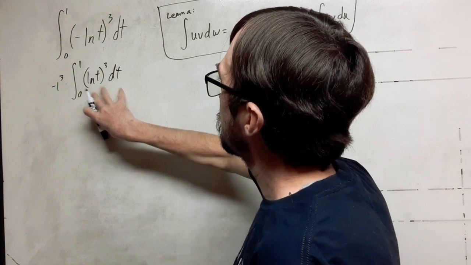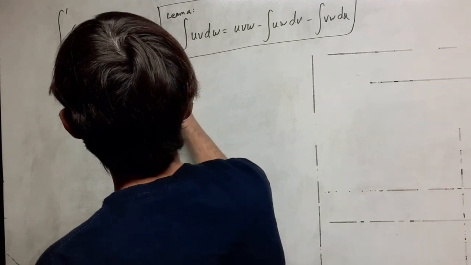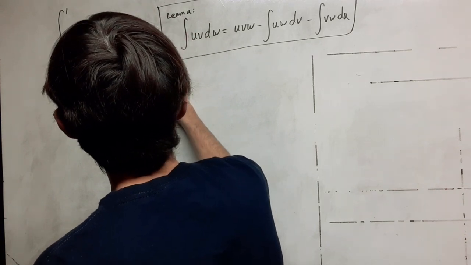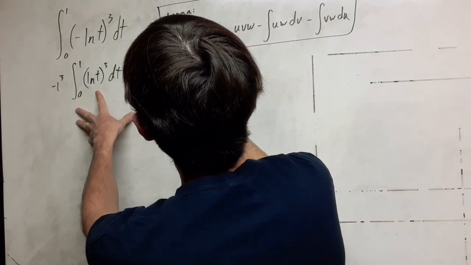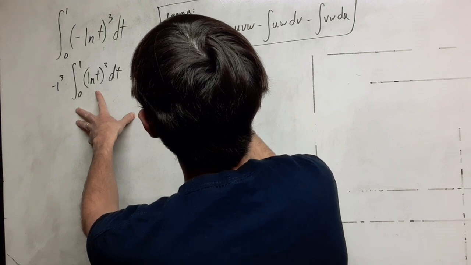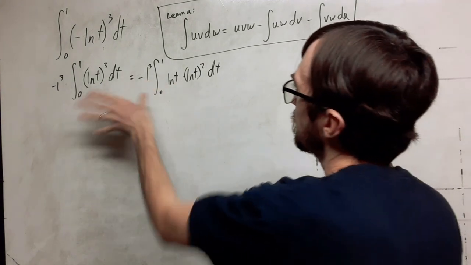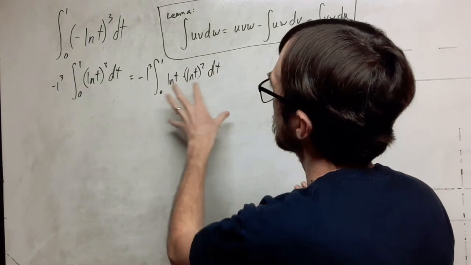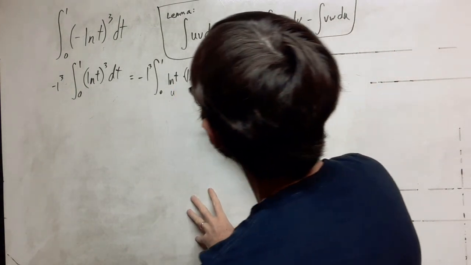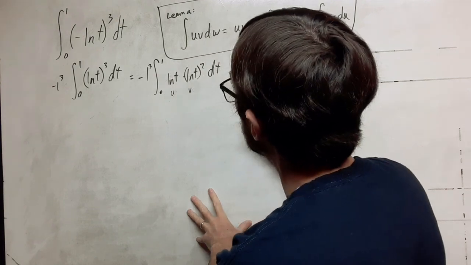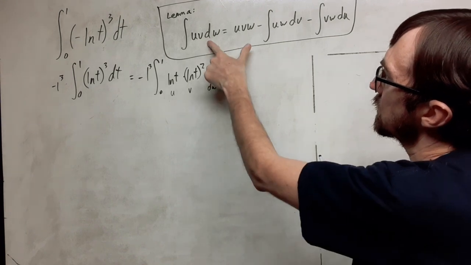And then further, I'm going to separate this as the log of t times the log of t squared dt. So I'm separating out by multiplication here. So now I'm going to have that log of t is going to be u, log of t squared is v, and then dt will be my dw, which fits this.